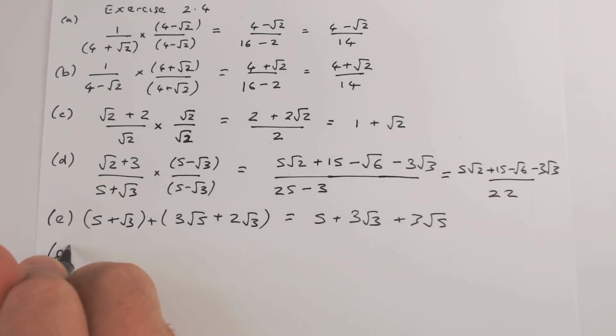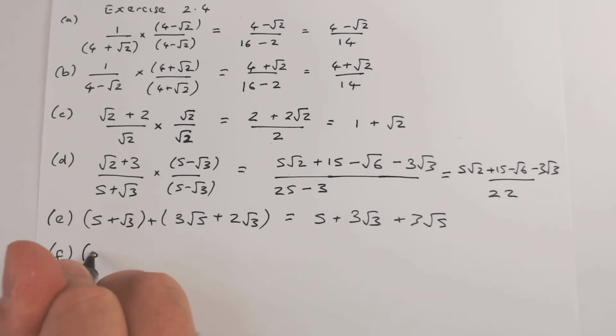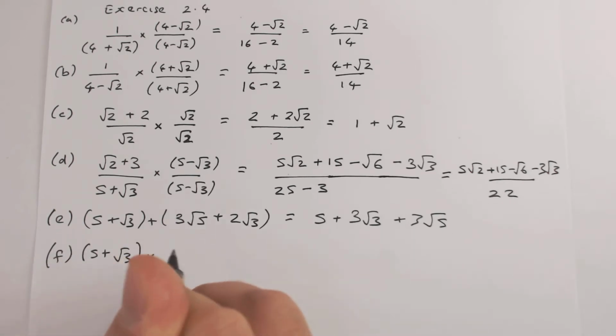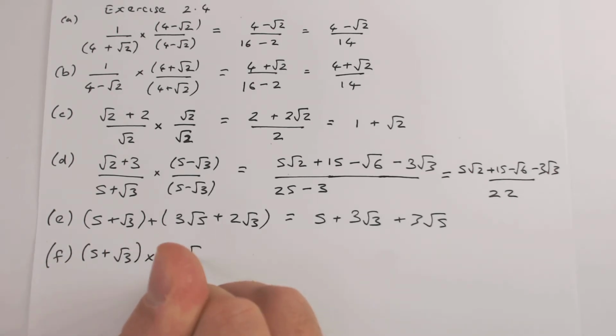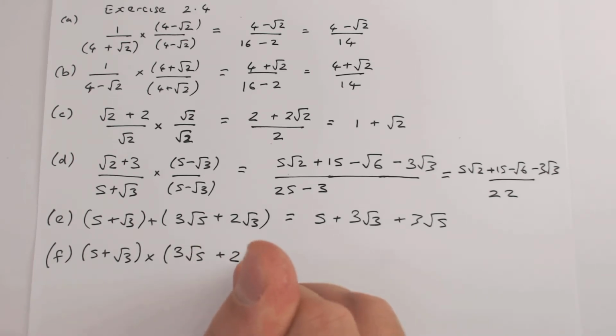Okay, so now let's do F, and we're going to multiply here, so 5 plus root 3 multiplied by 3 root 5 plus 2 root 3.